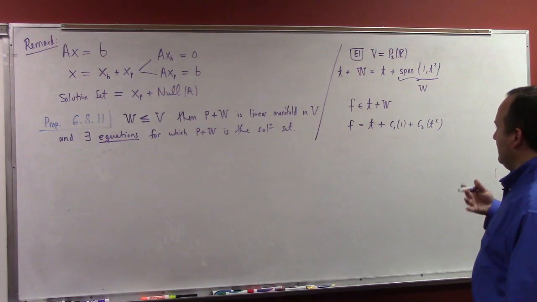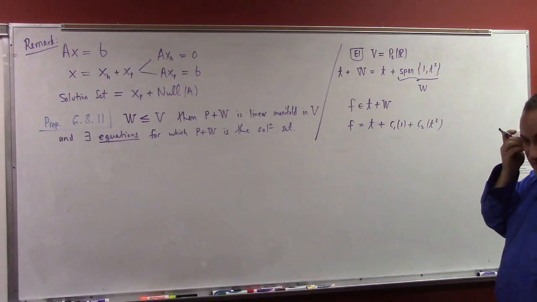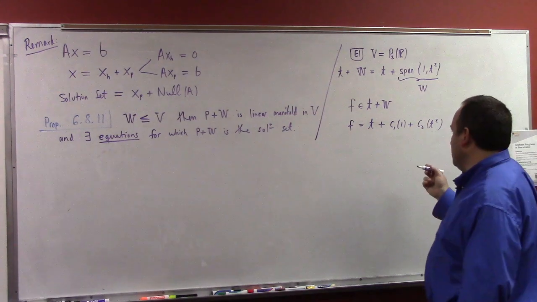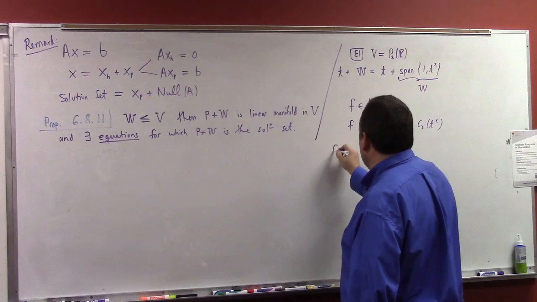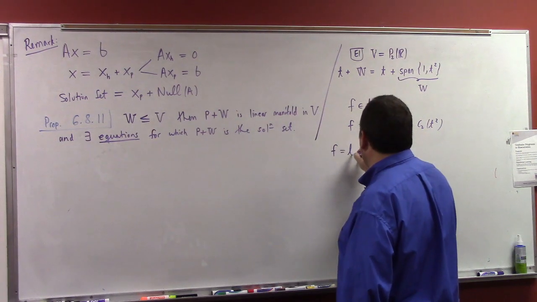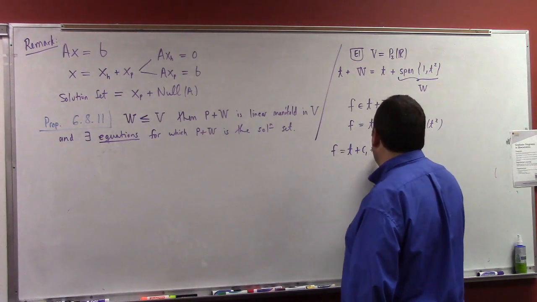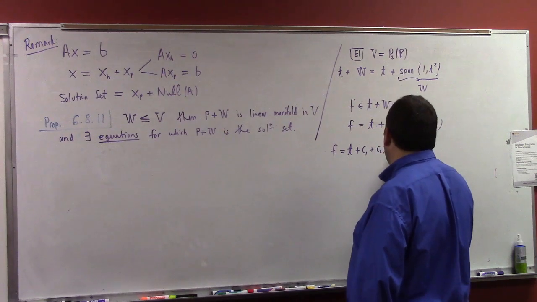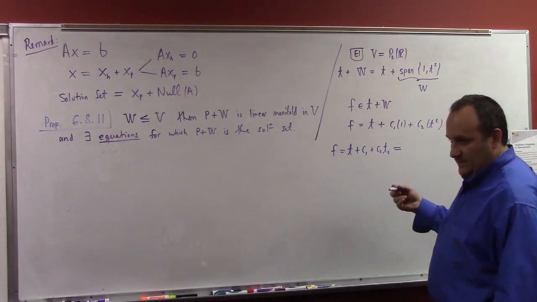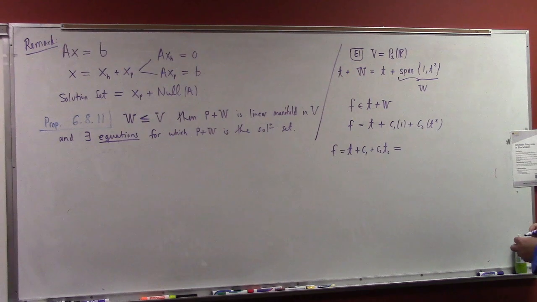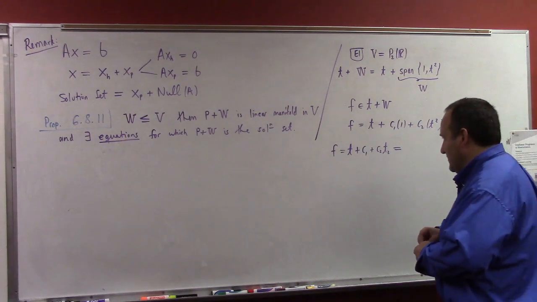So how would you figure out equations for which this is the solution set? Well, if I'm going to say F is equal to T plus C1 plus C2 T squared, let me set that equal to a generic point in P2. What's a generic point in P2?